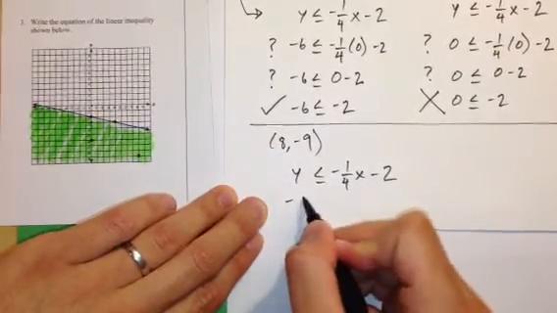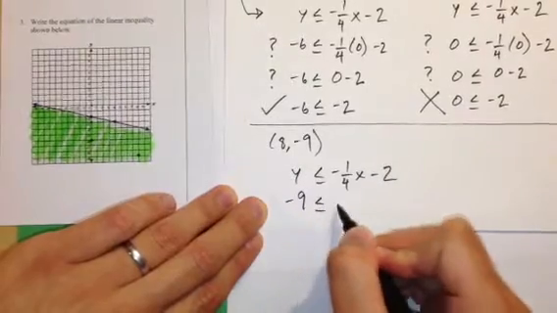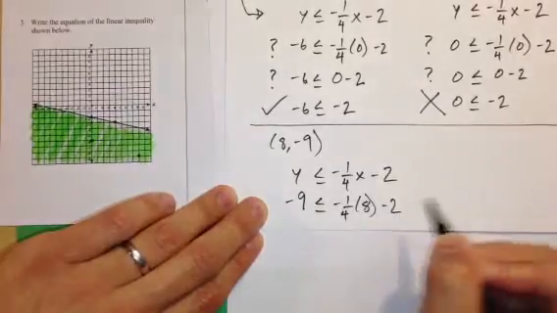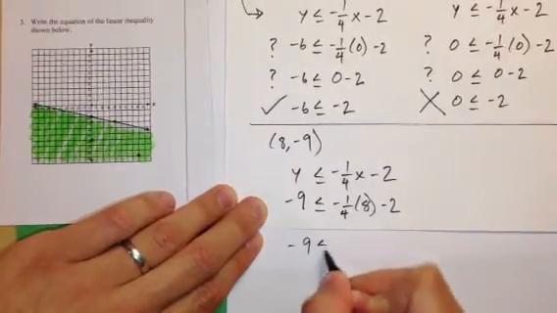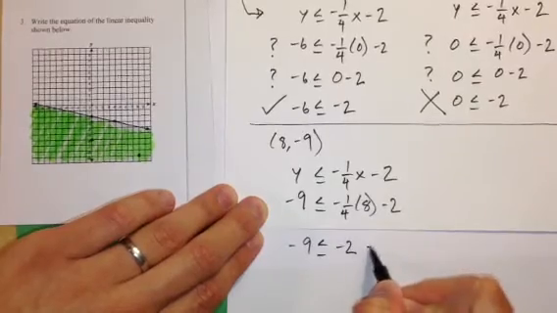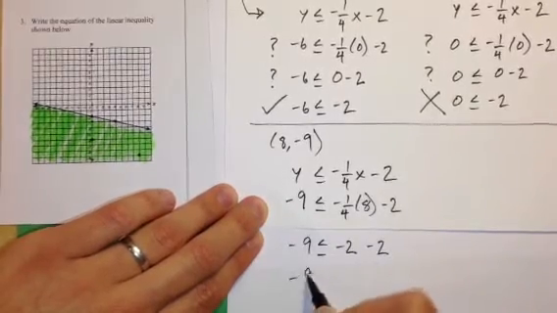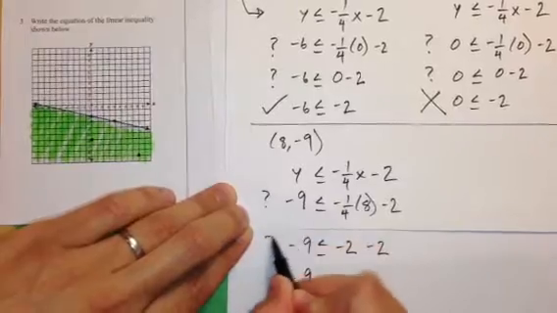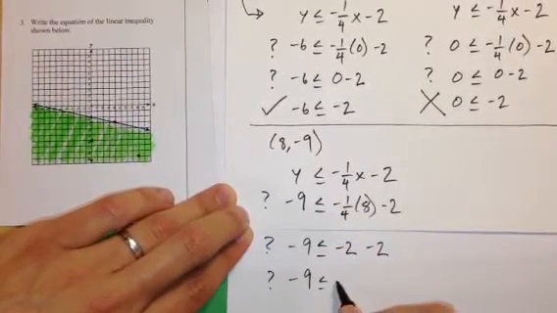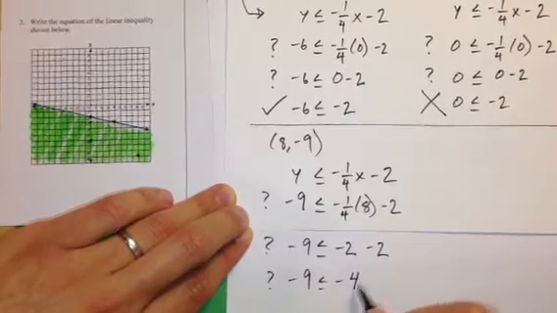So -9 is less than or equal to -1/4 times 8 minus 2. -1/4 times 8 is -2, minus 2 is -4.